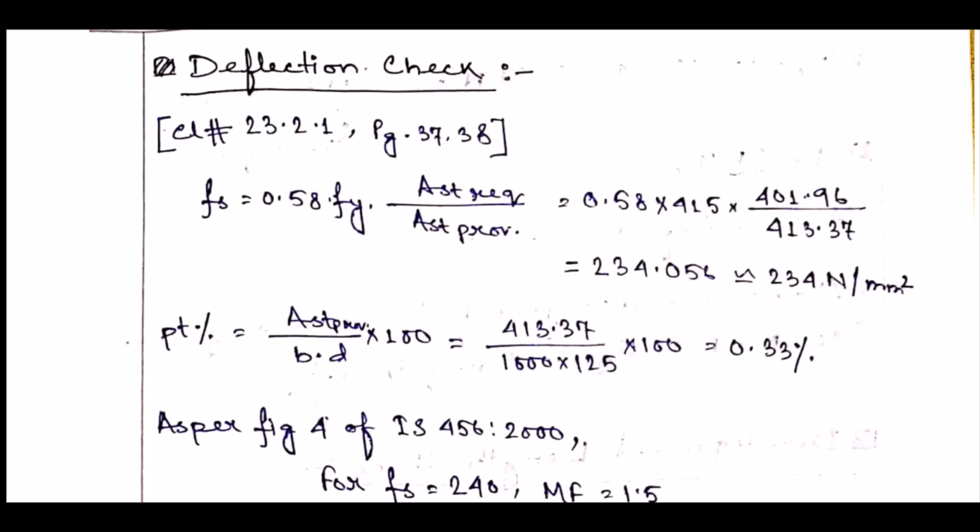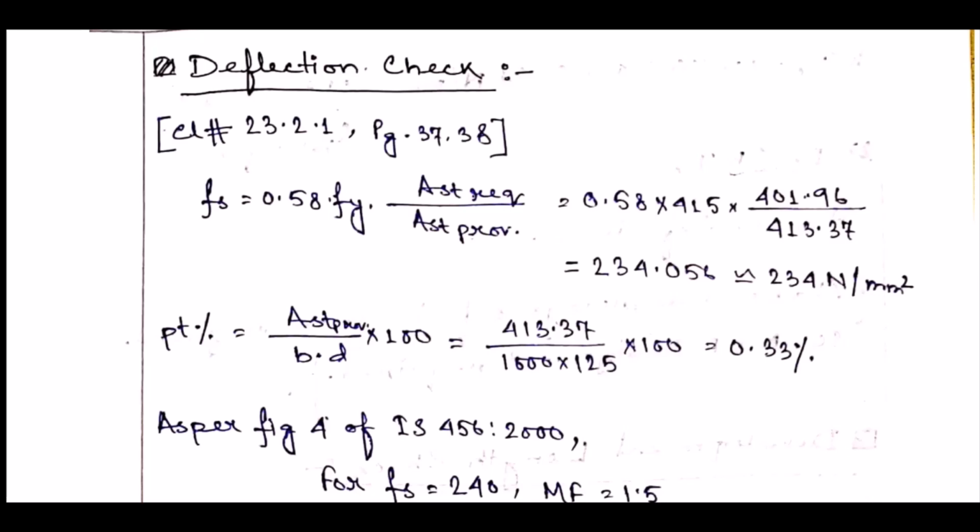The formula is fs equals 0.58 fy into Ast required by Ast provided. So that is equal to 0.58 into fy is 415 into Ast required is 401.96 by Ast provided is 413.37. We know these values.